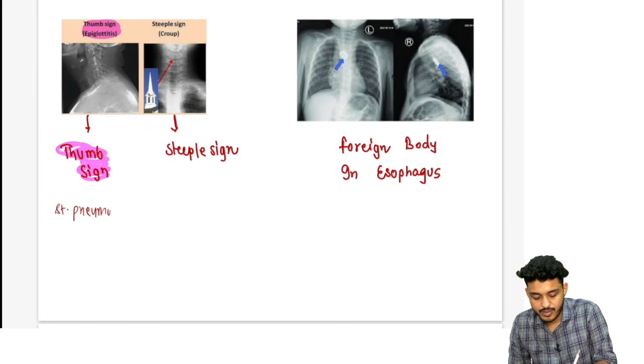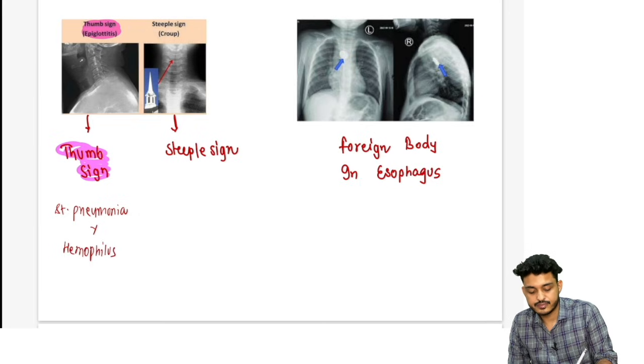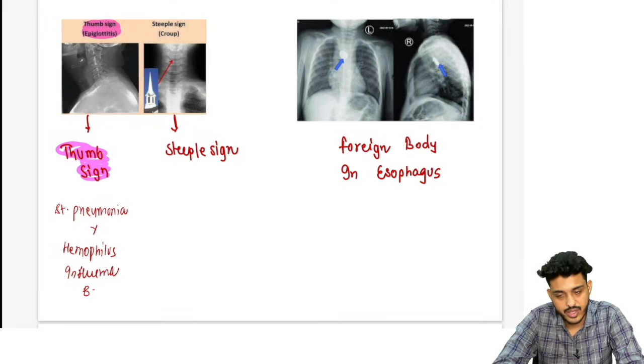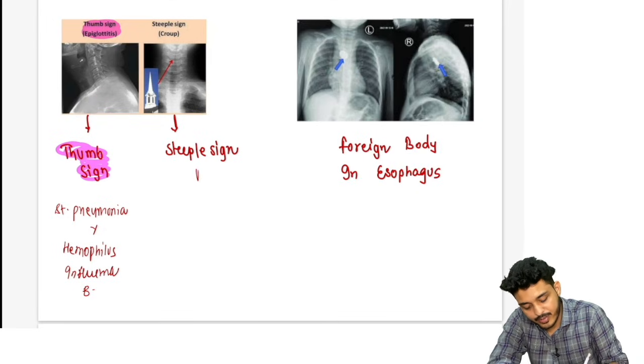In the exam you will be marking this as the first option, then Haemophilus influenzae B. Since we have got vaccination for Haemophilus influenzae B, this thumb sign is more commonly seen with what? Streptococcus pneumoniae.